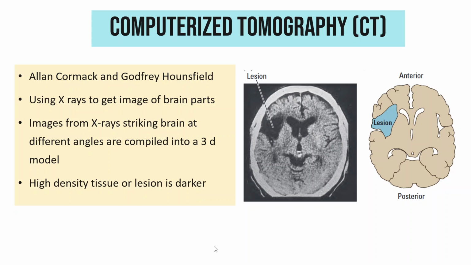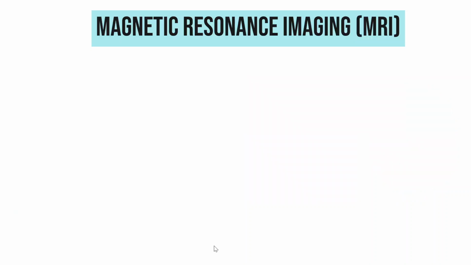You can identify lesions or brain damage because high density tissue or lesions are usually darker in comparison to the lighter, less dense tissues. By collecting X-ray images from different angles, you can form a 3D image of the brain and how it is.